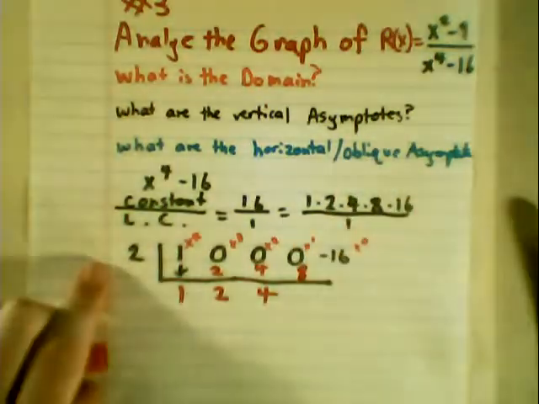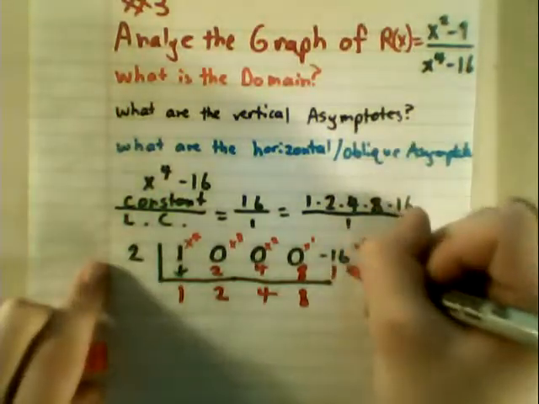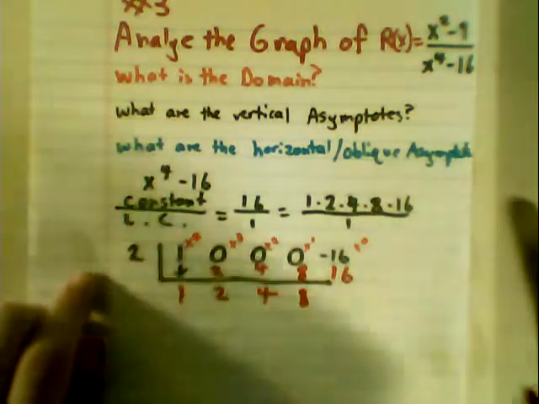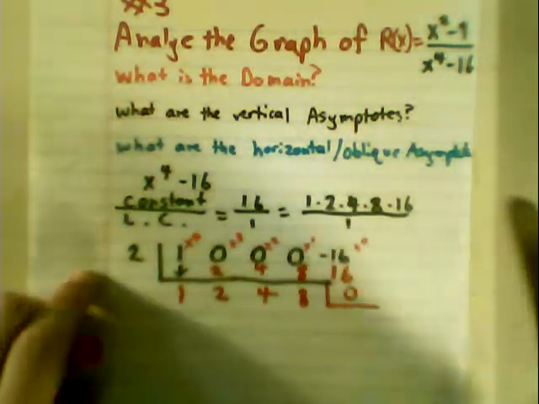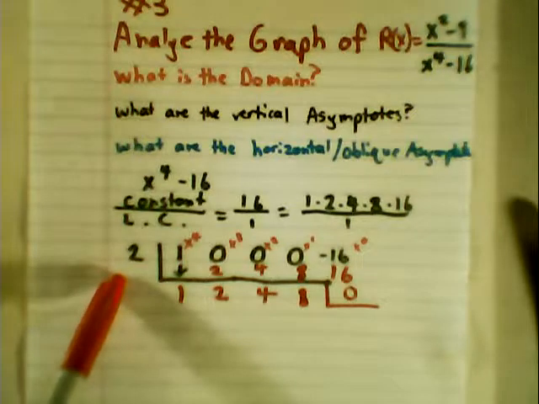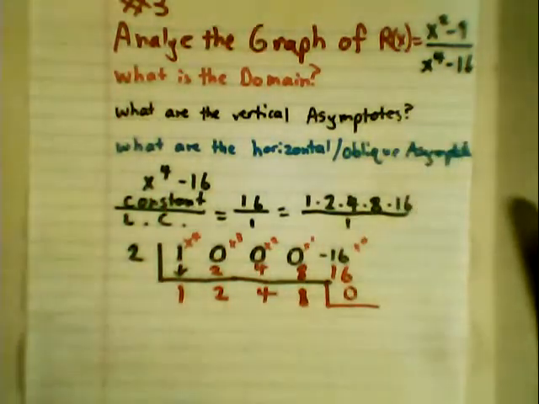We add them, we still have 8. Then we multiply them and get positive 16. Now we add negative 16 to positive 16, and we end up with 0. Since this very last one was 0, that means that 2 is a zero of our function.